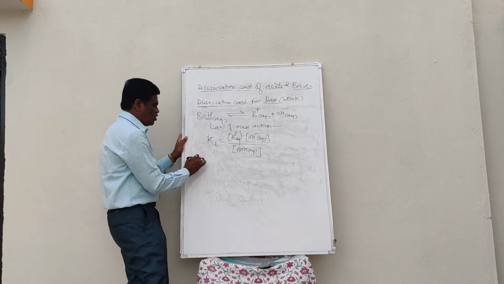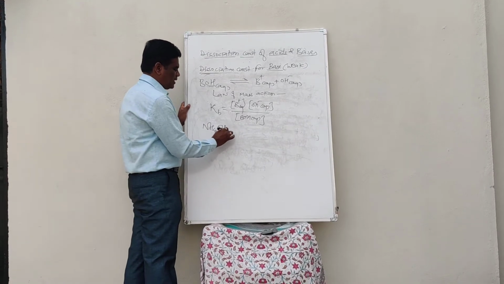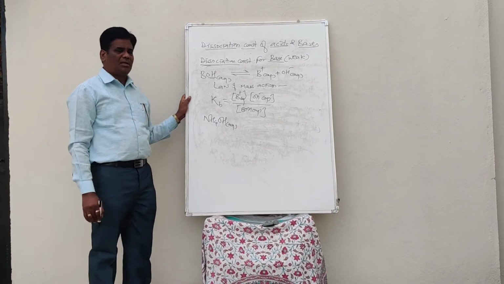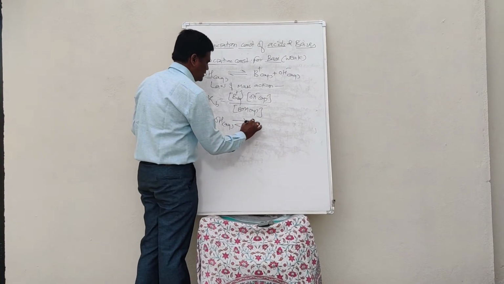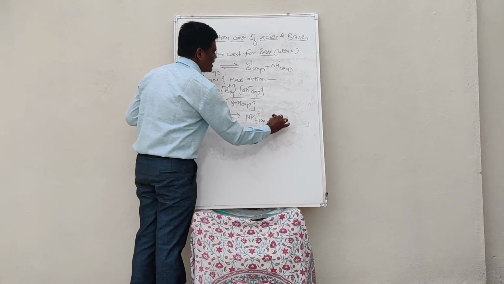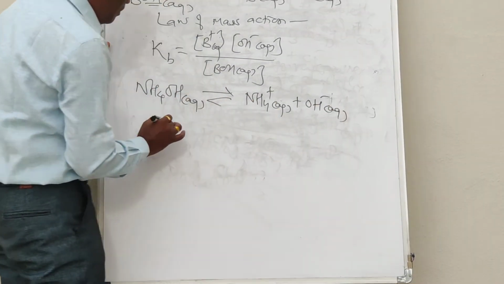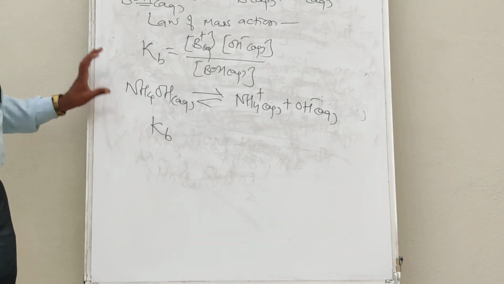Suppose, for example, you consider NH4OH as a weak base. How can you write the dissociation constant? NH4OH aqueous dissociates partly into NH4 plus ions and OH minus ions. Applying the law of mass action, the constant obtained is called the dissociation constant.